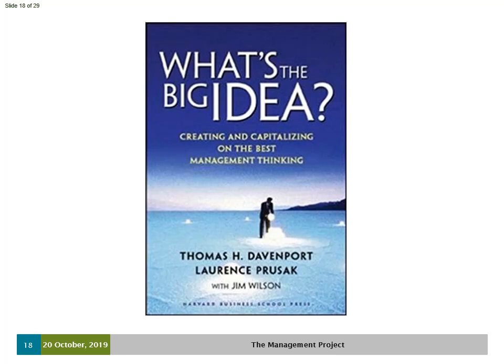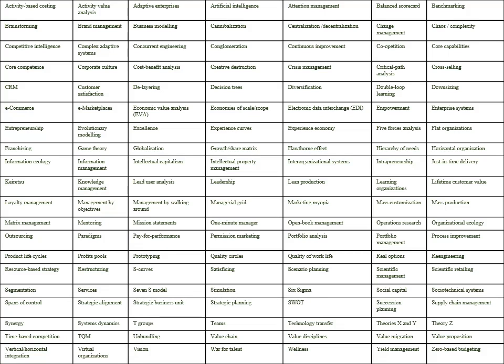Let's fast forward now to Davenport and Prusak, who wrote the book What's the Big Idea? Within it, they trace management solutions, and these are often solutions looking for problems. That's the important distinction here.